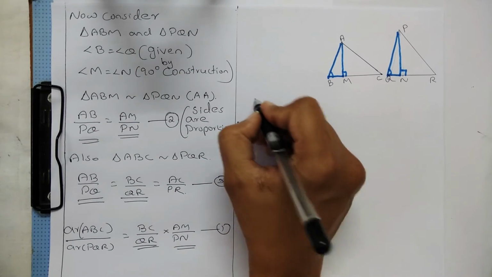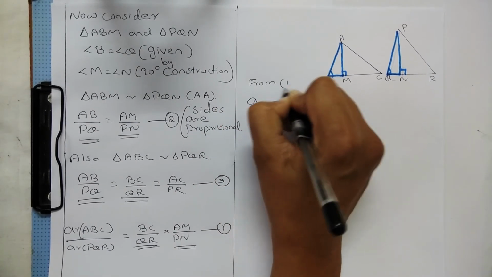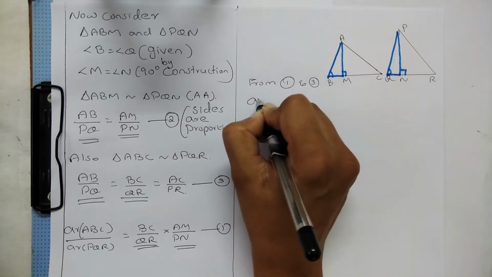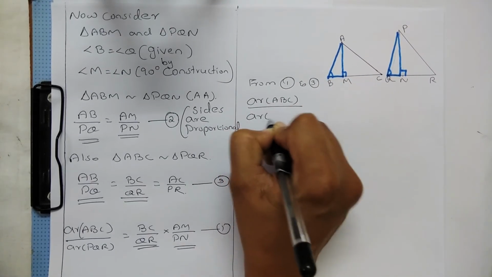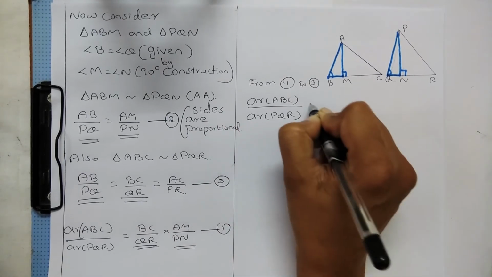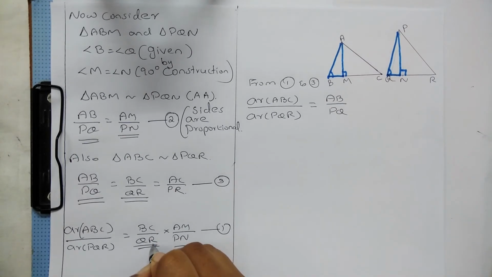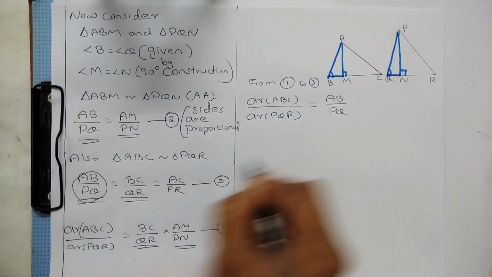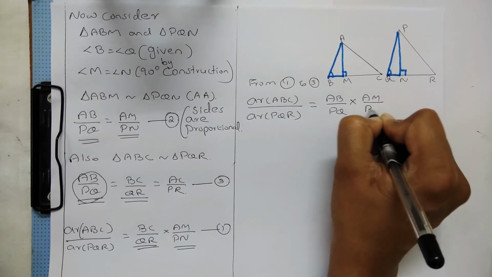So I will go step by step. From 1 and 3, what you will get: area of ABC divided by area of PQR is equal to BC by QR, and I am writing it as AB by PQ, into AM by PN.